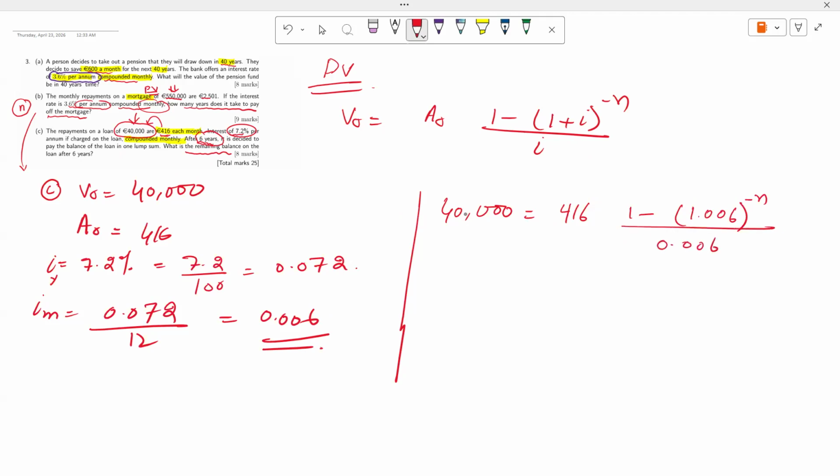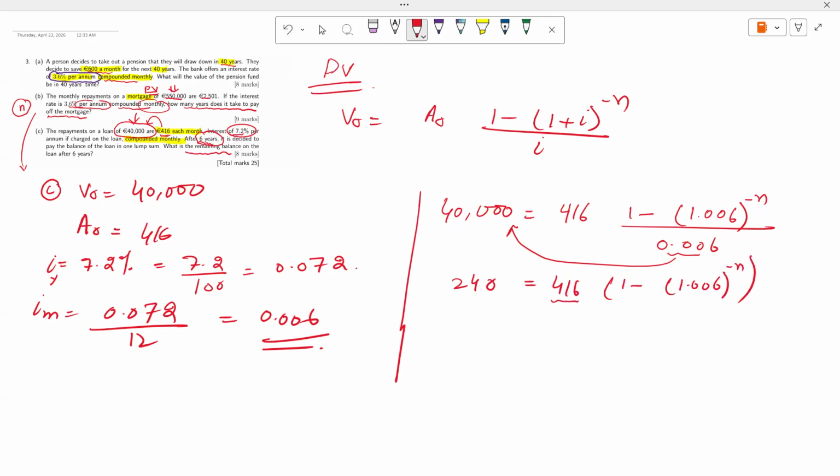Here it's getting divided by 0.006, so if I take it to the left side, it will get multiplied. If I multiply 40,000 by 0.006, I would get 240. So 240 equals 416 times (1 minus 1.006 raised to the power minus n).